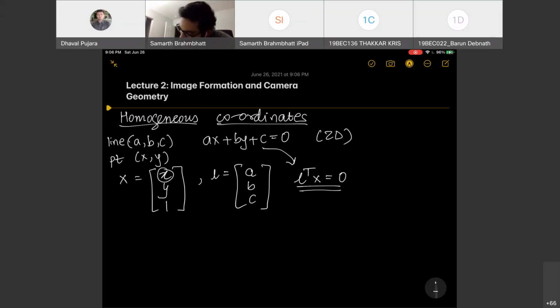So here we wrote this equation like this, but note that if our line had a scalar multiplied, like k, then the equation would be kax + kby + kc = 0, which is also true because you're just multiplying this entire equation by a constant. That means that this line L and the line k times L are somehow equivalent.